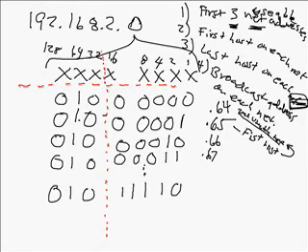Remember, if it's all ones, it would be a broadcast, so the last host is of that form. If you add them up, and you can pause it and add them up if you need to, it is 94. 64 plus 16 plus 8 plus 4 plus 2 is 94. And that will be the last host on the second usable network.